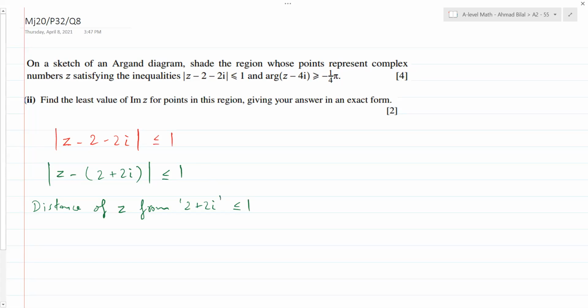Similarly, we do the same thing for the other condition that we have. Argument of z minus 4i. Now this is already of that form, so it's greater than or equal to minus pi over 4.